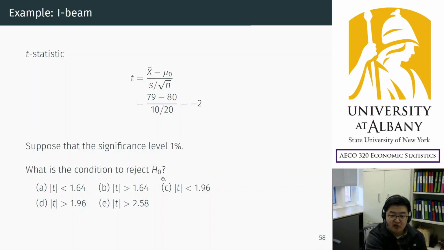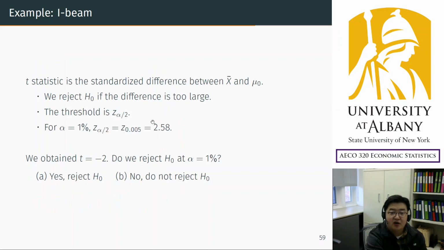So to reject the null hypothesis, it should be this direction. And 1% is associated with 2.58. You may remember this; we have used this for the confidence interval too. And in our example, we obtained a t-statistic of -2. So do we reject it or not? We already got the cutoff decision rule. Then do we reject or not?